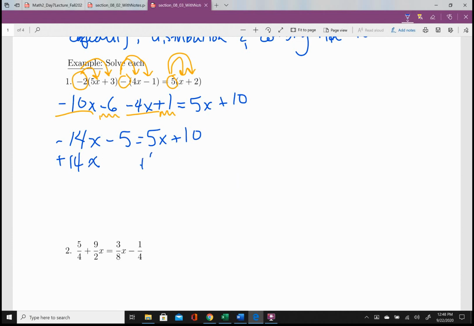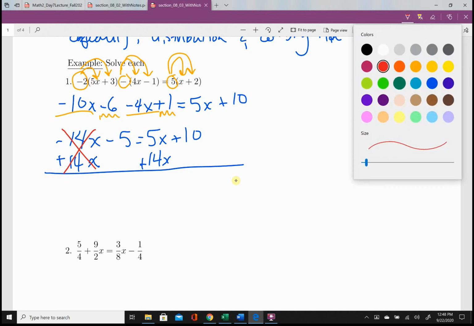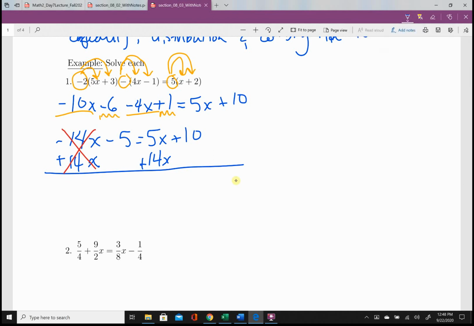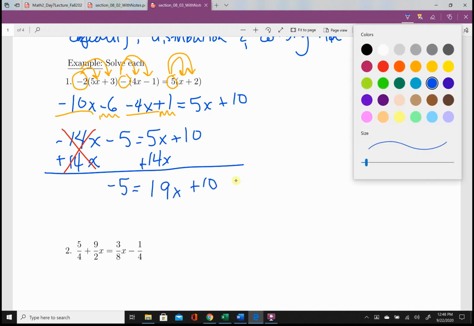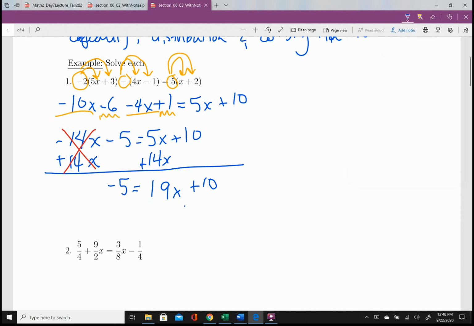Because that way I treat the variable terms first, and I'm going to get a positive result when I do this to both sides of the equation, at least for the x's. And then we'll see what pans out for the constants. So that'll be negative 5 equals 19x plus 10, and then next we will, keep it a blue, subtract 10 from both sides.